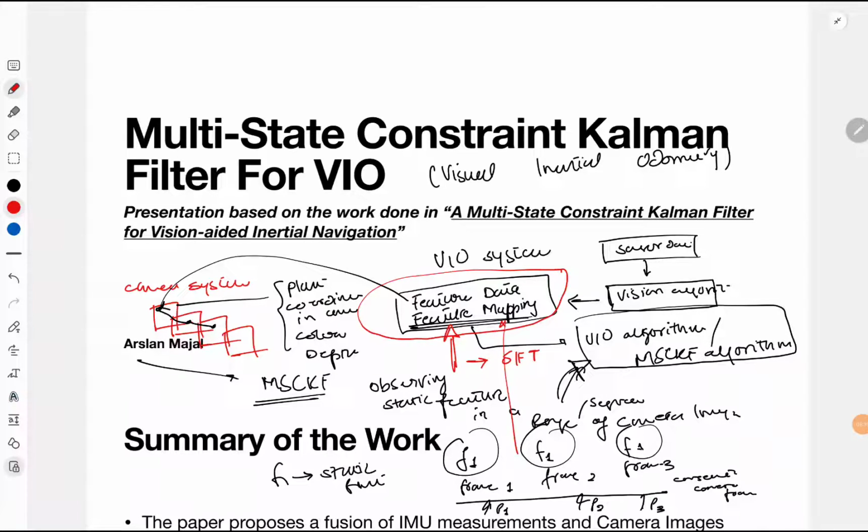There are improvements made in this area by improving the depth estimation, improving the coordinate estimation within the frame, but this is not the concern of the MSCKF algorithm. The primary contribution of the MSCKF algorithm is presenting the measurement model. We'll look at that in this presentation, but I just wanted to point out that this isn't what the MSCKF algorithm is doing, although this is very important.